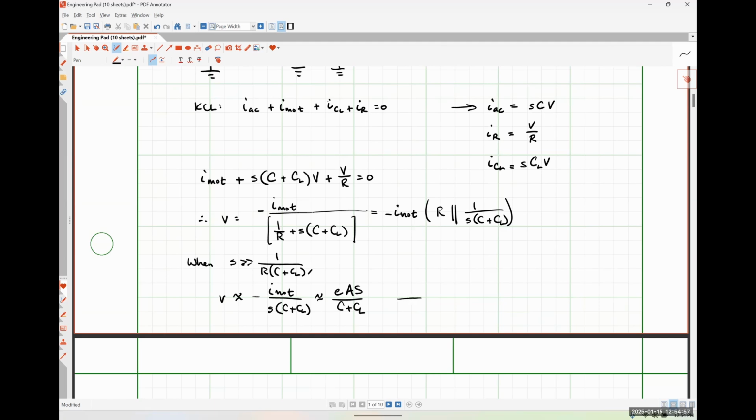And then from this, our output voltage is just whatever the voltage gain of our single-ended amplifier is, multiplied by that input voltage V. So this comes out to be, sorry, I missed a negative sign here, negative EAS over C plus CL times the scaling factor of AV.